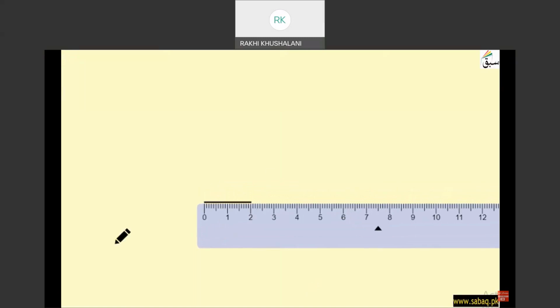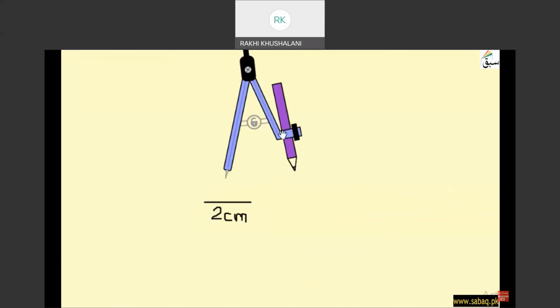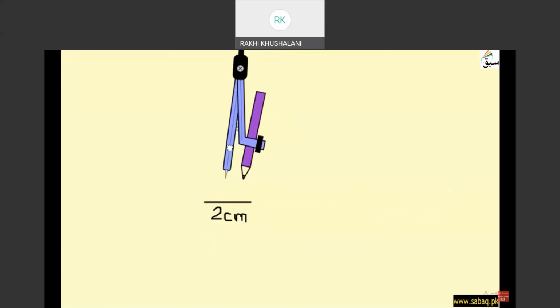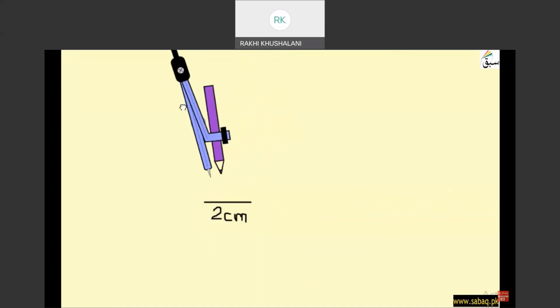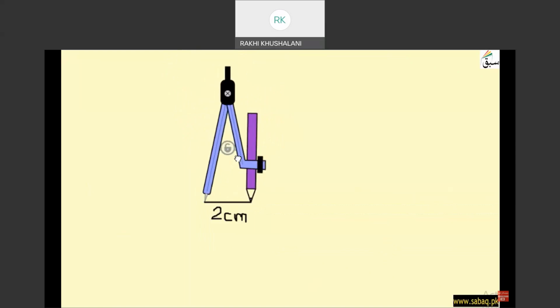Okay, pick up your compass. Place the first point at the starting of the line segment. Place the pencil point at the end of the line segment. Okay, here you go. And here you can lock your compass and rotate it.